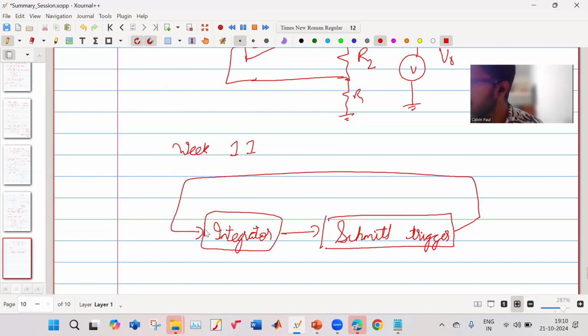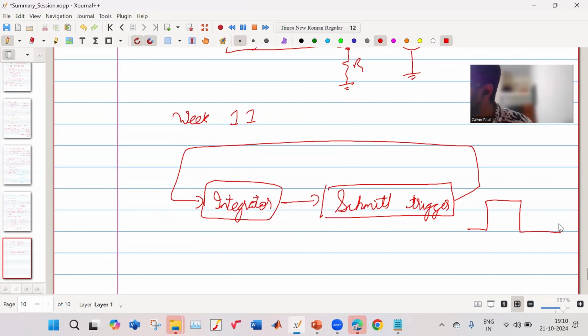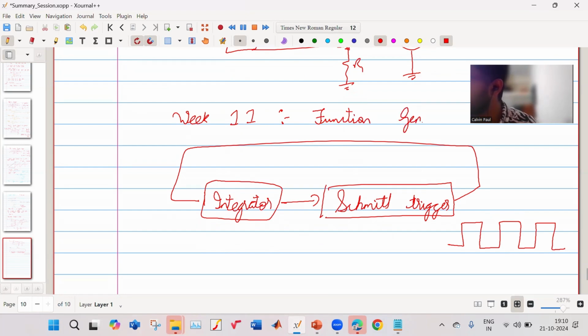We know that the output of the Schmitt trigger is either positive or negative, positive, negative, positive, negative. So it is generating a square wave.